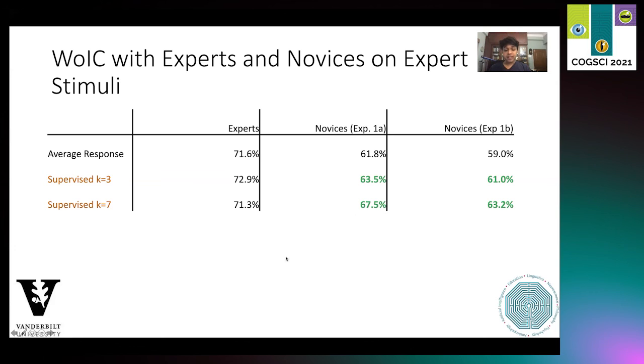This shows that similarity-based aggregation works for novices and not experts. This might be because experts give incorrect responses on similar cells. So if they get a certain cell wrong, they'll also get the neighbors wrong, which is why similarity-based aggregation will not work, but it only works for novices.